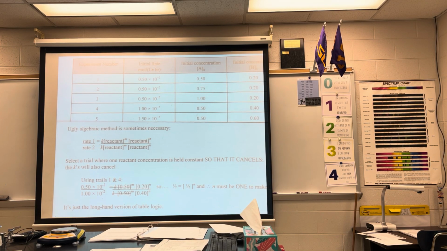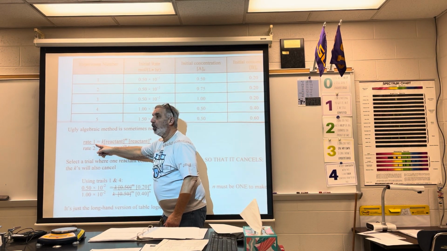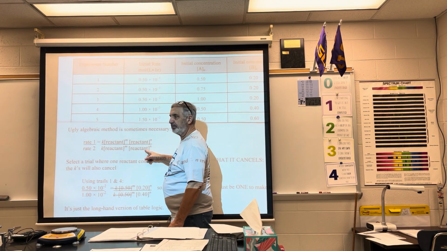This is technically the way that you're supposed to go about finding the order of the reaction. Okay? You compare your two rates, but you put the whole rate law for both of the experiments.